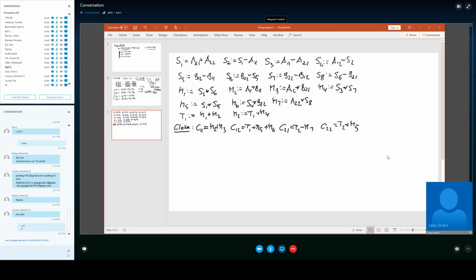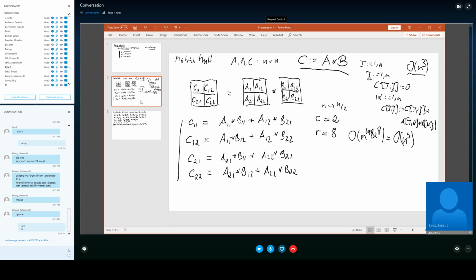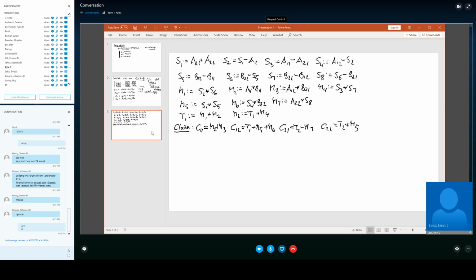So obviously all of these operations involve those quarter matrices, n over 2 by n over 2 matrices, A's and B's. And so the C's are given by those expressions.